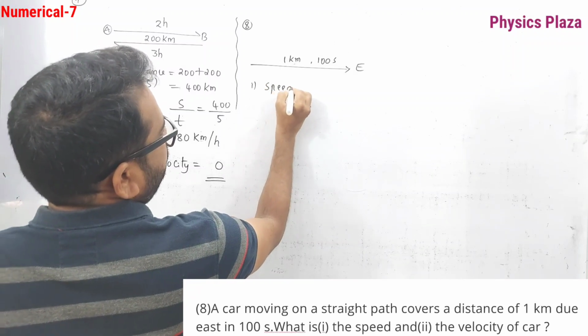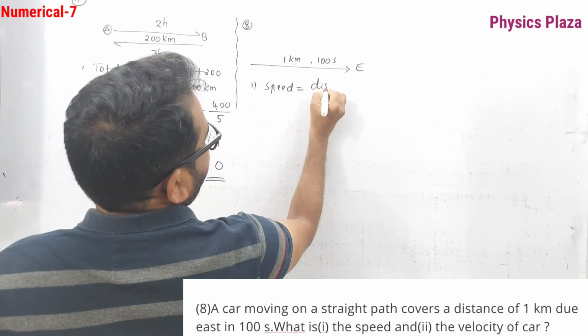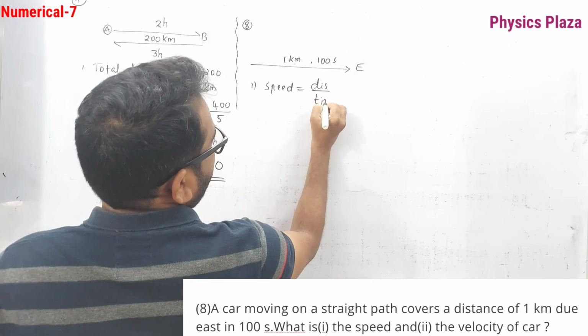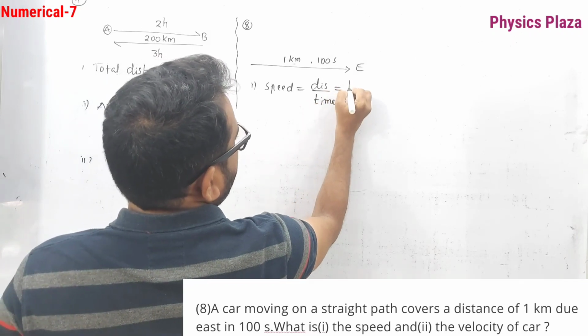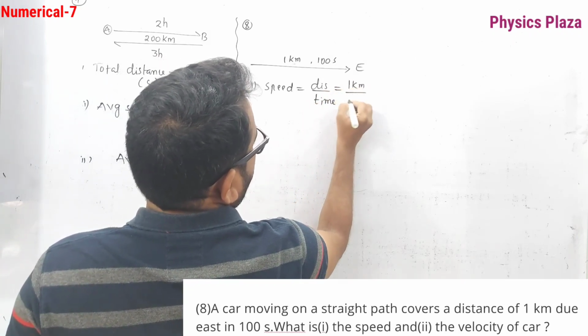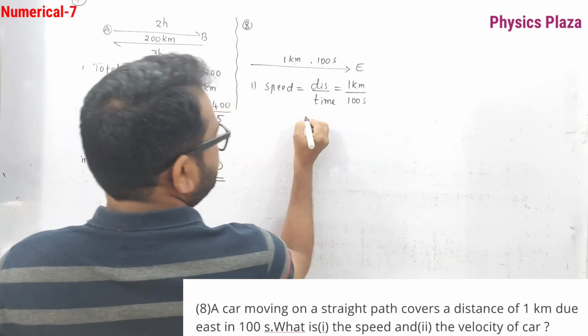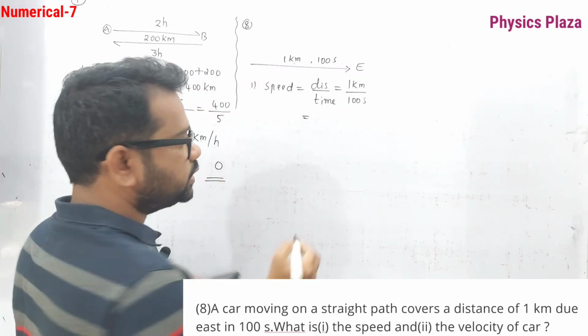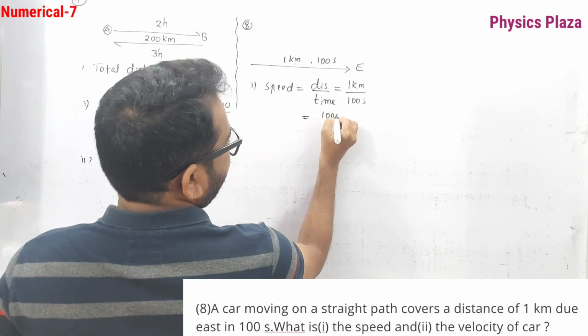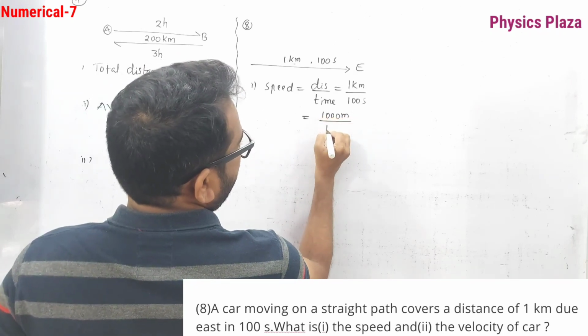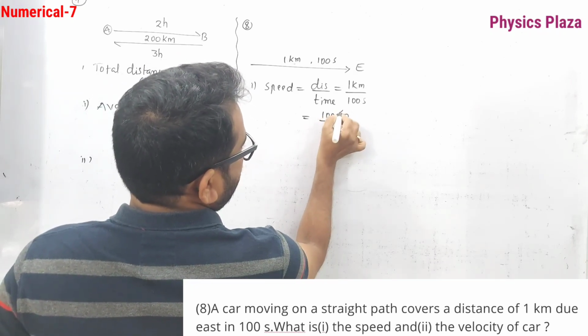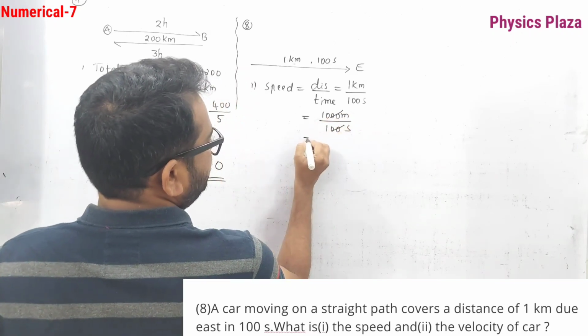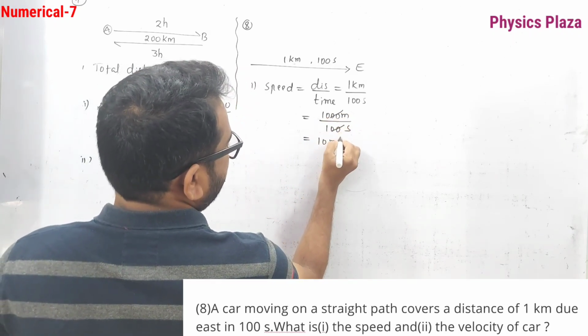Children, we know that speed is equal to distance by time taken. Distance is 1 kilometer and time is 100 seconds. Let us convert kilometer into meters, that is 1000 meters by 100 seconds. So 2 zeros cancel, and speed is equal to 10 meter per second.